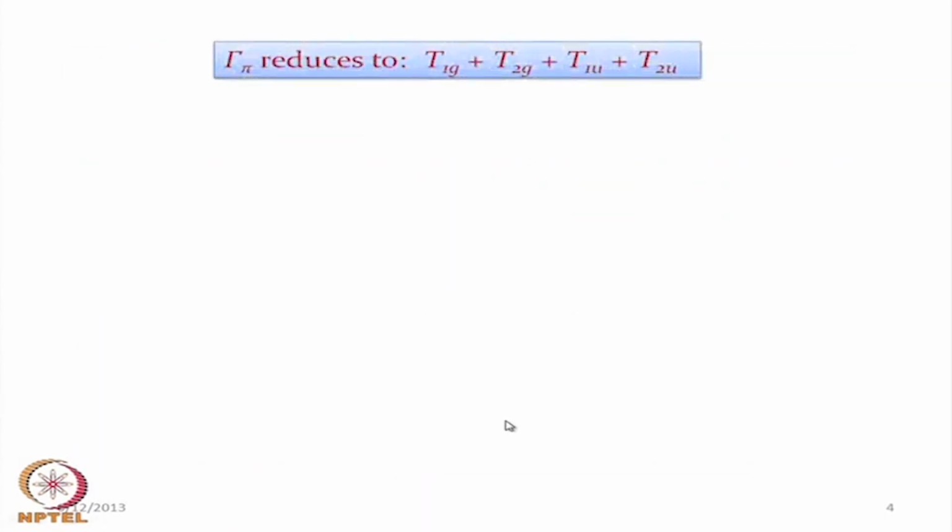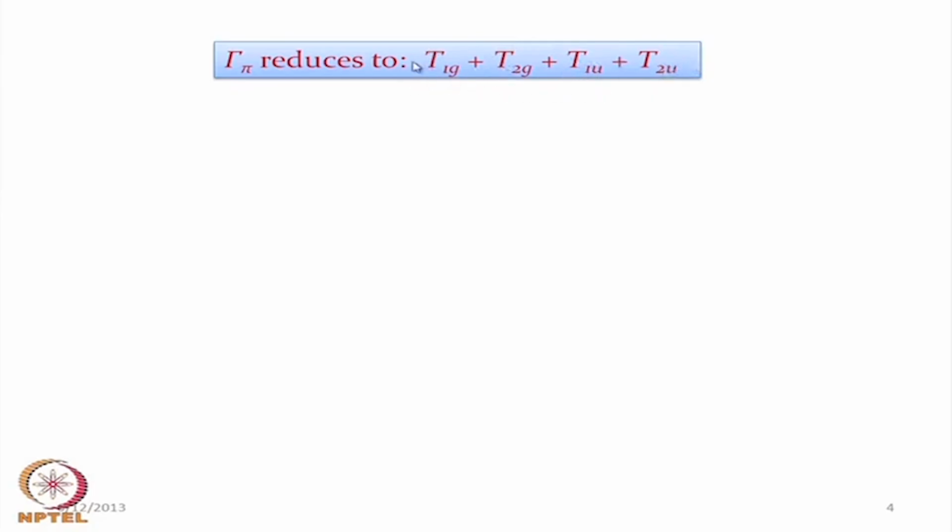So, we find that this irreducible representation, the corresponding tau pi, reduces to T1g, T2g, T1u and T2u. Only the T2g is matching with the corresponding ligand orbital; others are of different type.